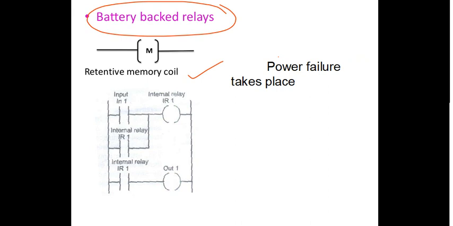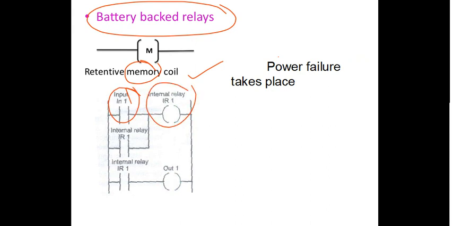So when the supply again comes, and you proceed from here, whatever the earlier position it was, it may now change to some other position which might result in the unwanted turning on or unwanted turning off of the output device.